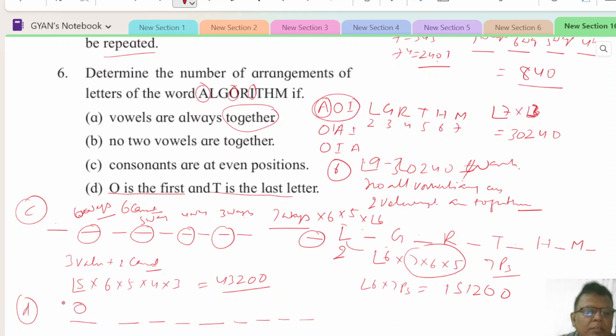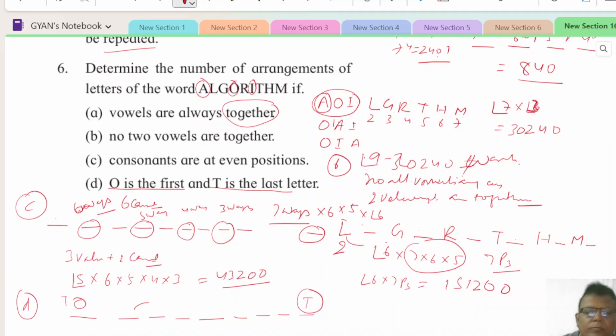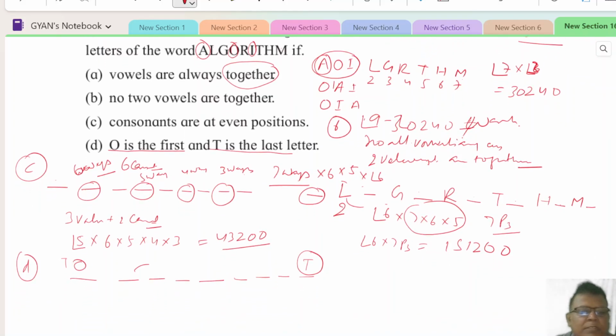You have already put O and T. So remaining is 7, and your 7 letters also, that will be factorial 7. So factorial 7 is how much? 5040. So 5040 is the answer.